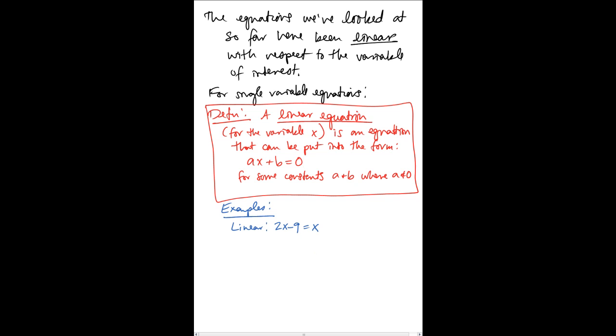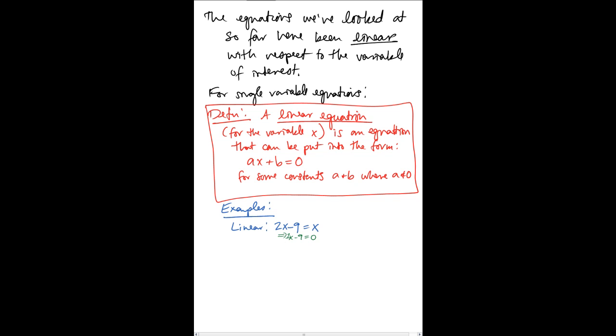It could be put into that form by subtracting an x from each side. This x on the right-hand side we could move by saying minus x, and we would get x minus 9 equals 0. Right? This is equivalent to x minus 9 equals 0, which is in that form. If you ask yourself what's the a in front of the x, you could just write it as a 1x.